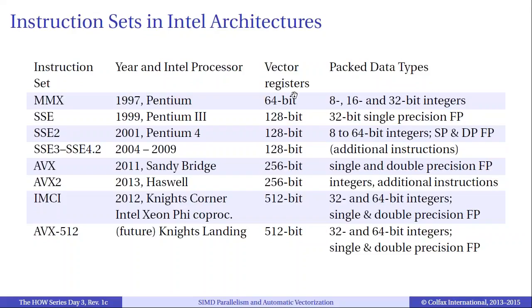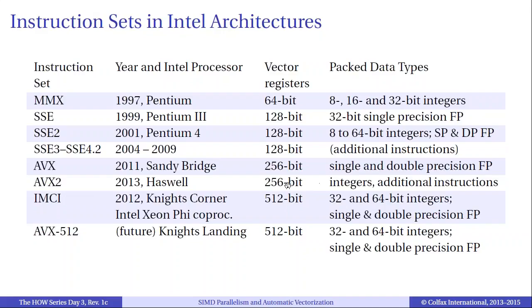And you can see that the width of vector registers was increasing, and also the variety of operations that you can do with vectors and the types of data that you can process with vectors were all evolving. Today, the latest generation of Intel Xeon processors supports instruction sets up to AVX2, which are 256-bit vectors.